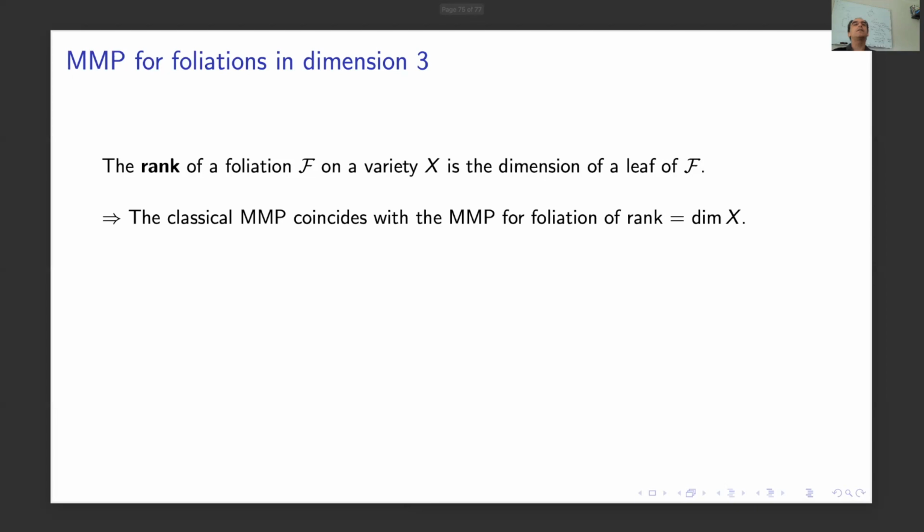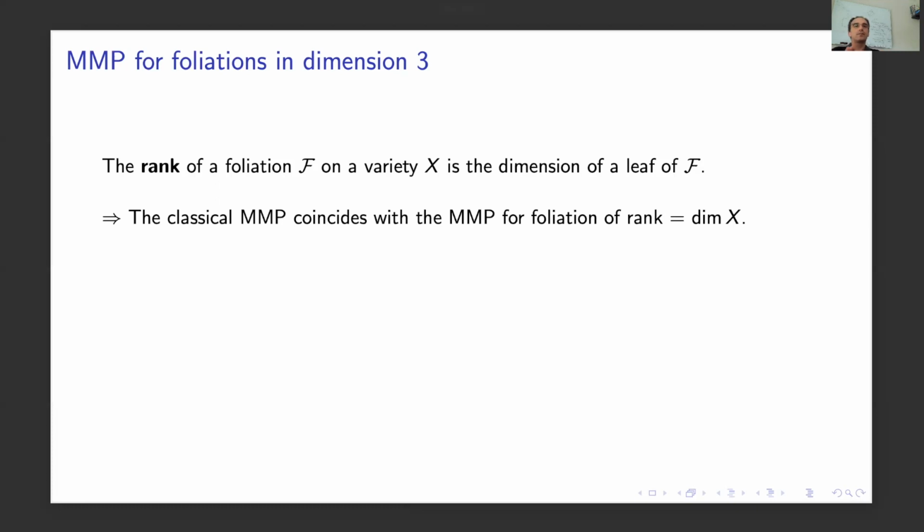We should think of the classic MMP as coinciding with the MMP for foliations when the rank is equal to the dimension of X, because in this case the foliation is trivial. All the properties we said coincide with the properties we're considering now.